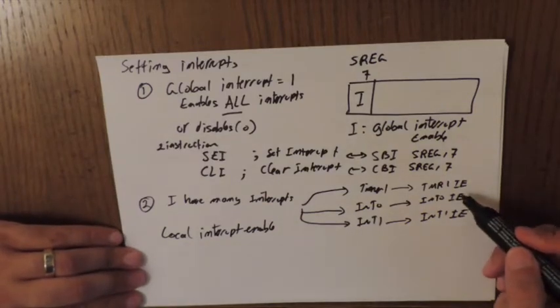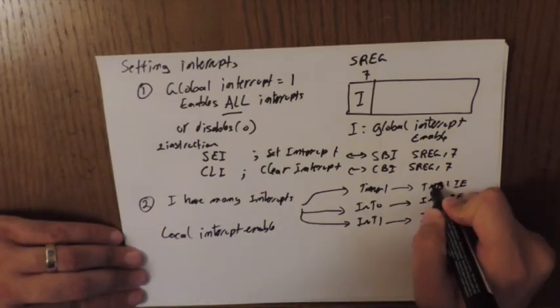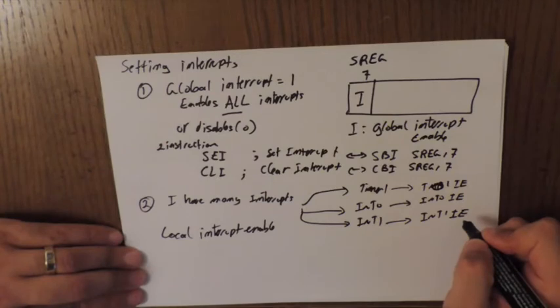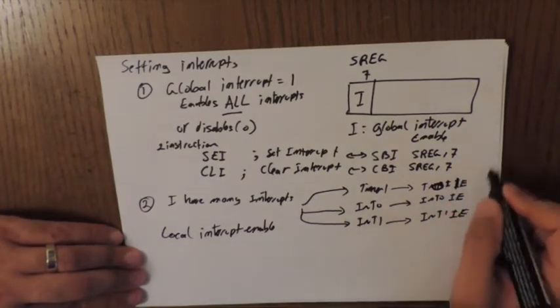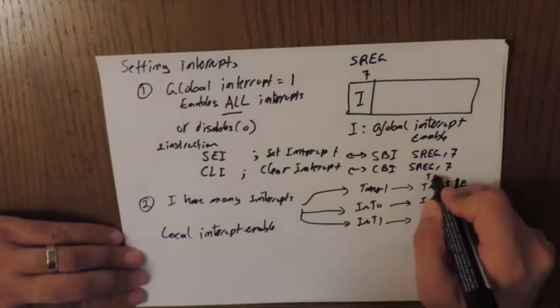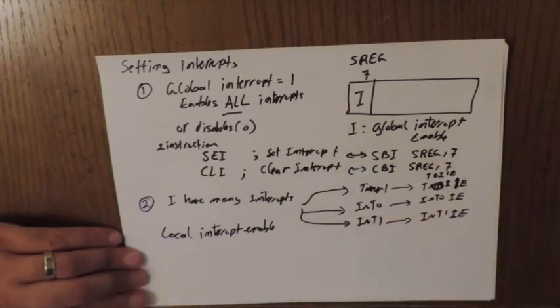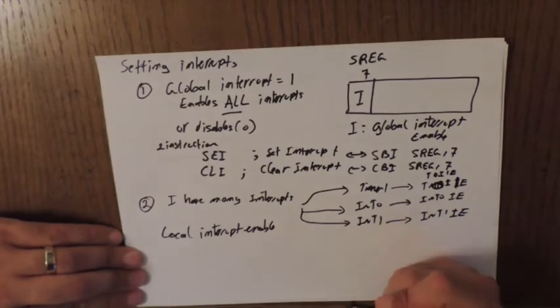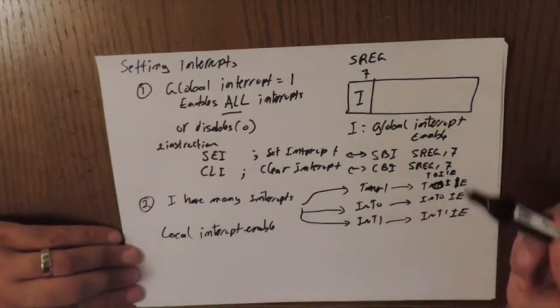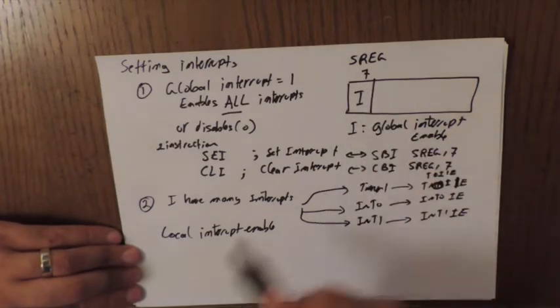The bit is not called T0 IE, sorry, it is called TOIE1, my bad. This is the name of the bit. So to have the interrupt on timer 1, I need TOIE1 and SREG's I bit to be 1.